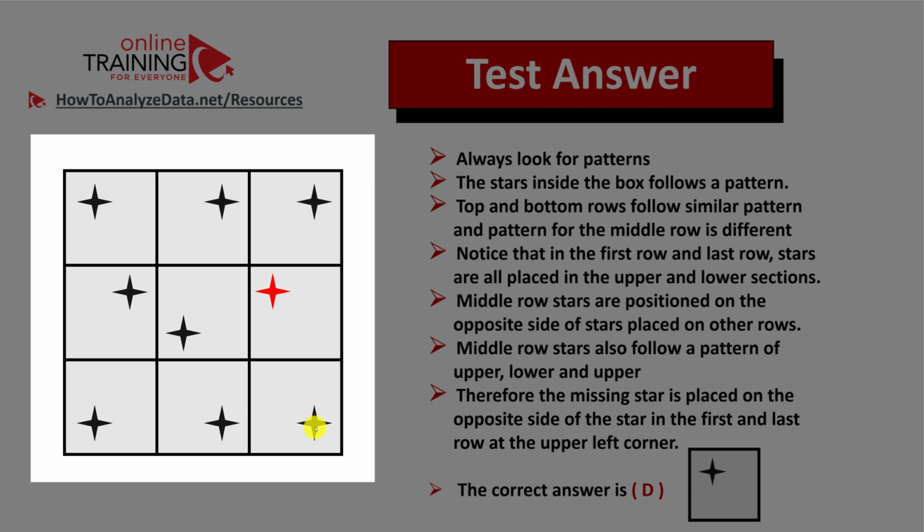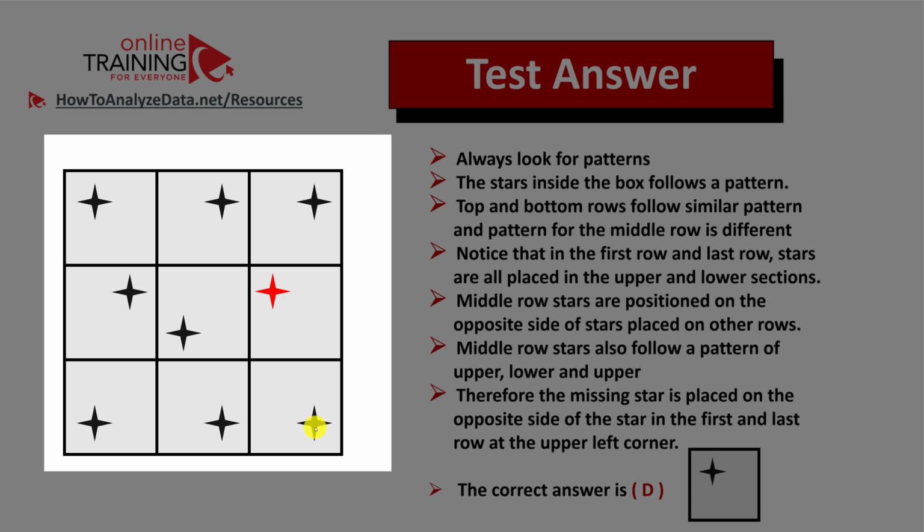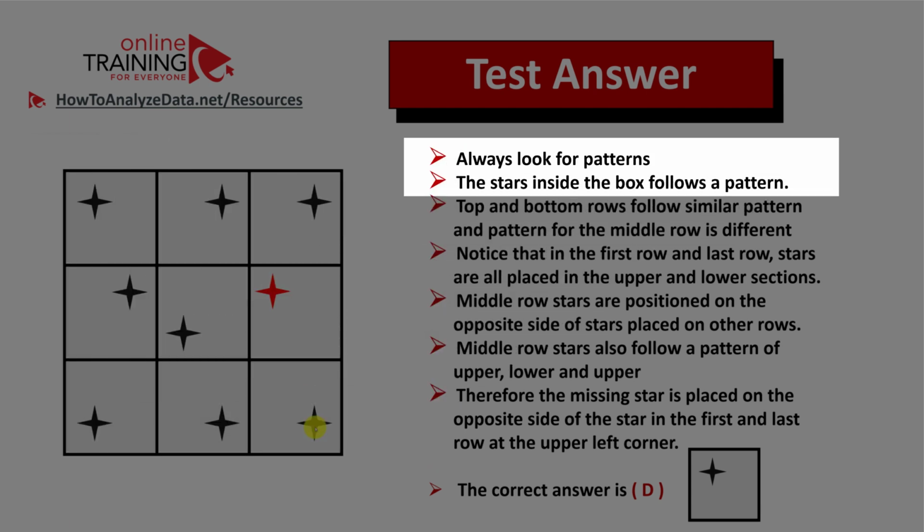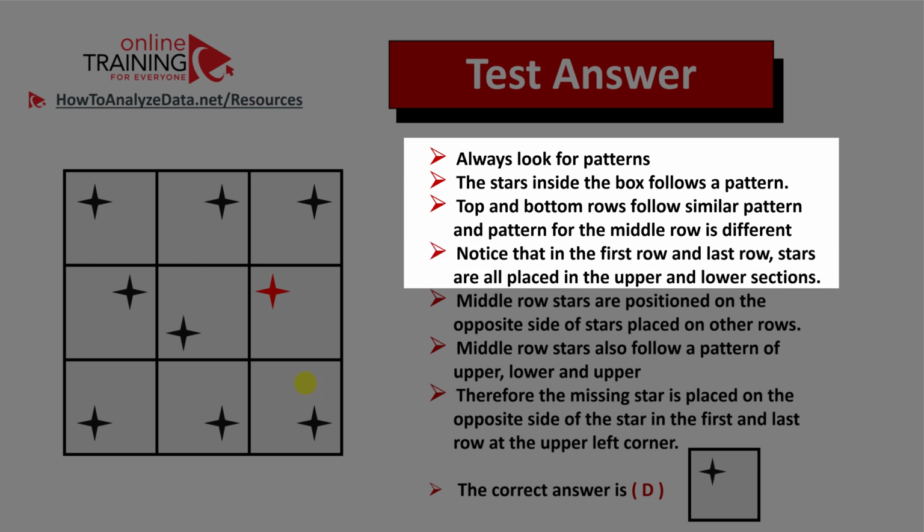Let's recap. Always look for patterns. The stars inside the box follow the pattern. Top and bottom rows follow similar patterns, and the pattern in the middle row is very different. Notice that in the first row and the last row, stars are placed in the upper and left sections. Middle row stars, though, are positioned on the opposite side of the stars placed in other rows.